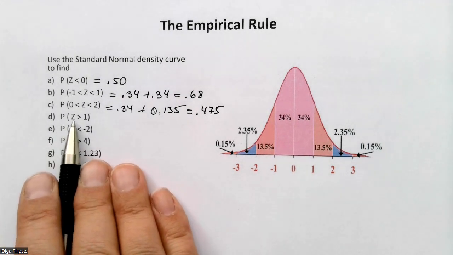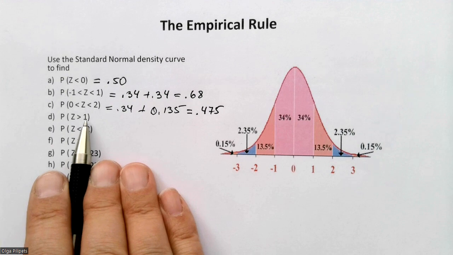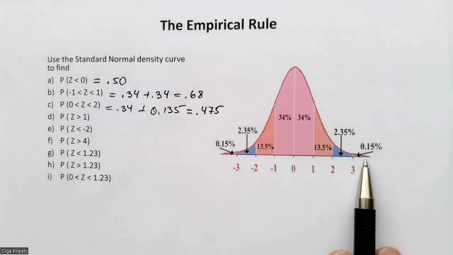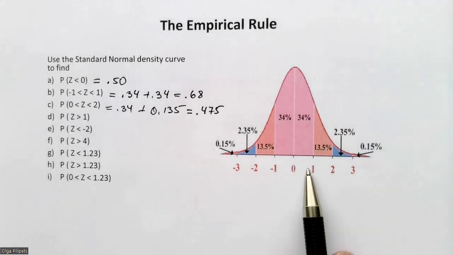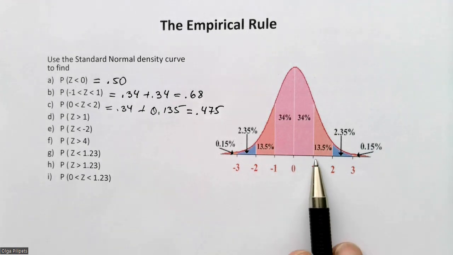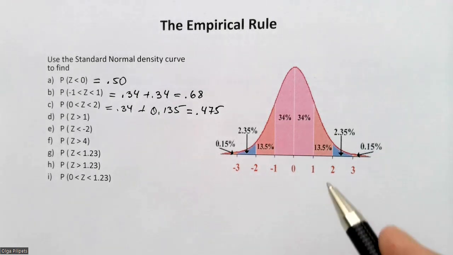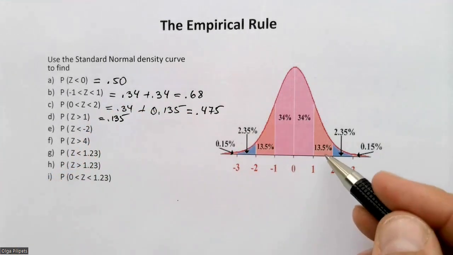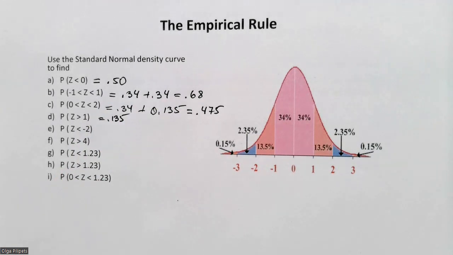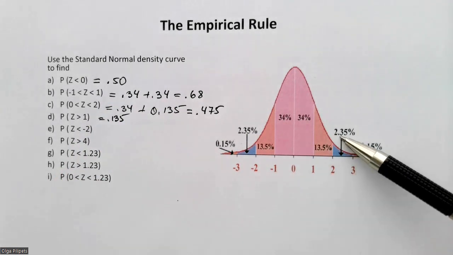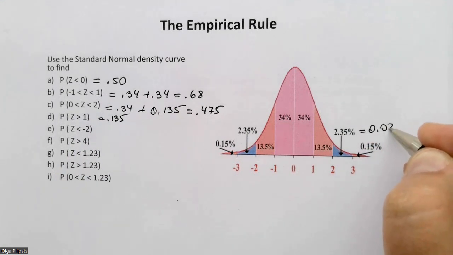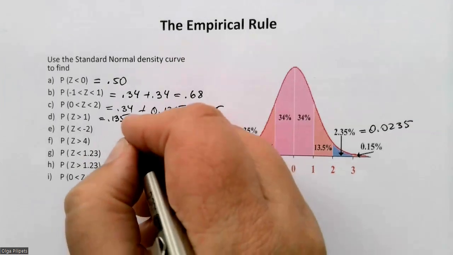All right. Next, question D. What's the probability that Z is greater than 1? So 1 is right here, and greater than 1 means the right side. On the right side of this Z-score of 1, we have 13.5%, which translates into 0.135 in decimal form. We also have 2.35%, which in decimal form is going to be 0.0235.